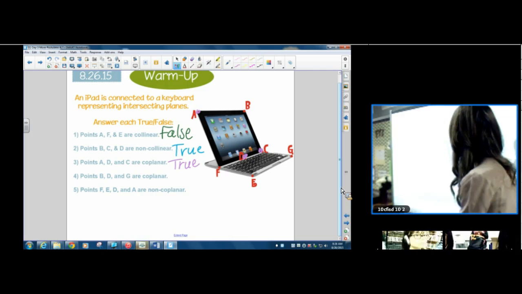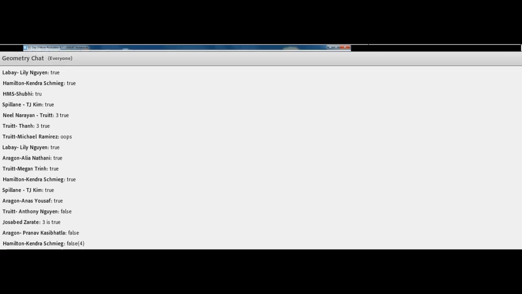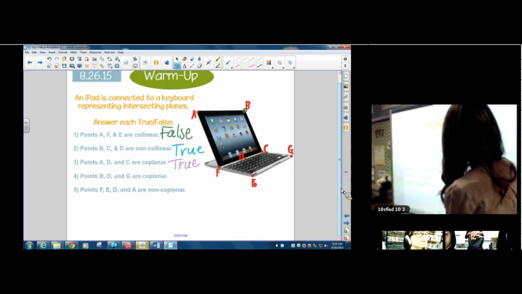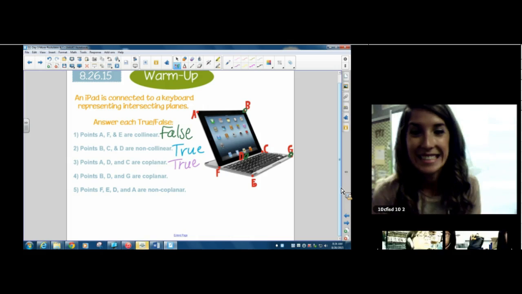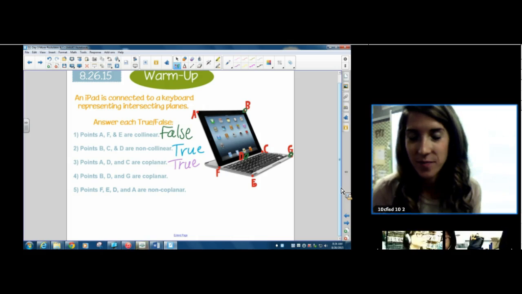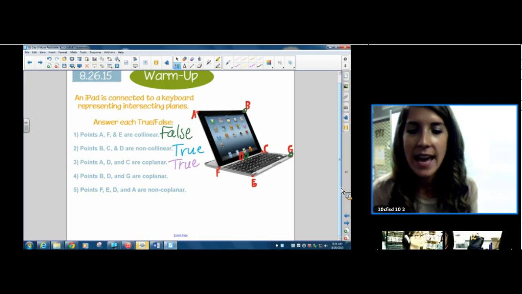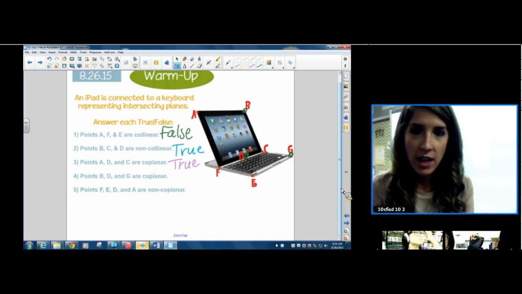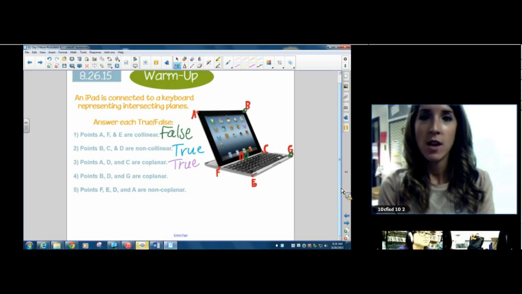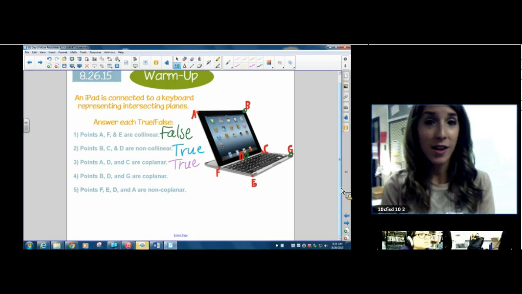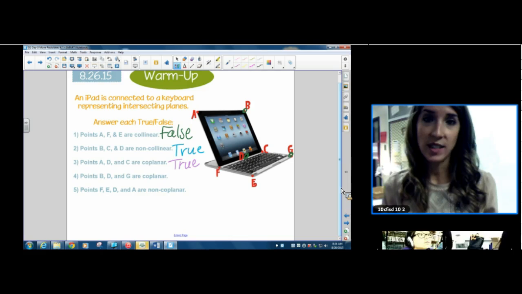Number four. Number four is going to get you. B, D, and G. Are they coplanar? So we just want to be careful here because collinear means I could draw a line through them. Coplanar means I could put a flat surface through all three of those points.